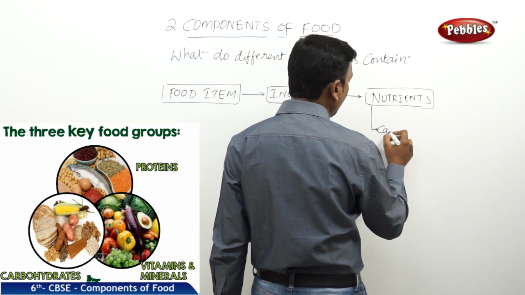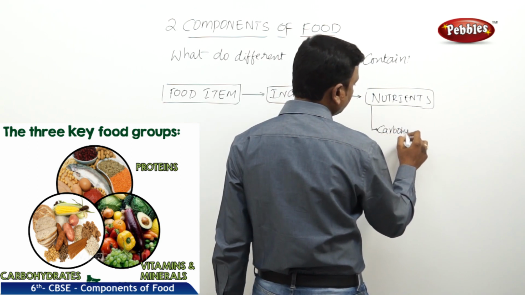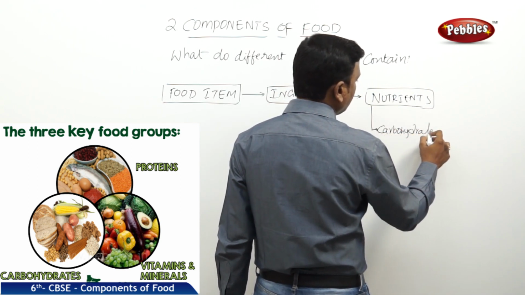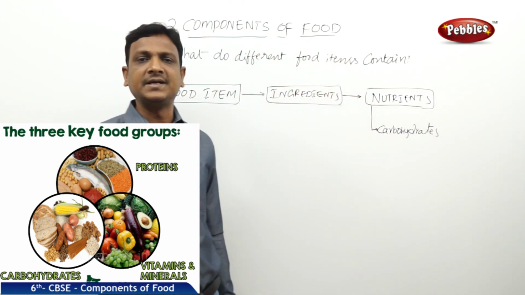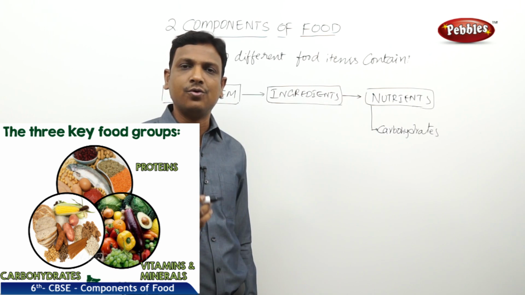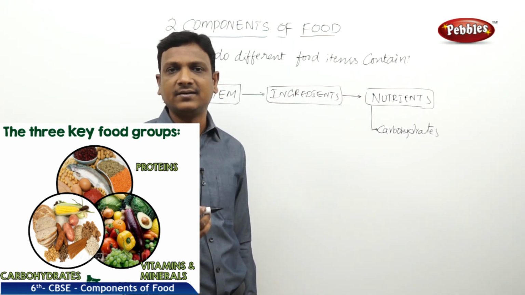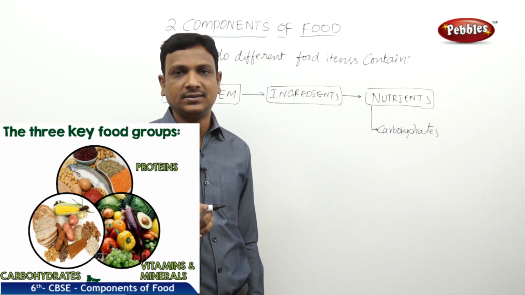First, carbohydrates. Carbohydrates is a group of nutrients. There are so many types of carbohydrates, so many types of sugars under this category.